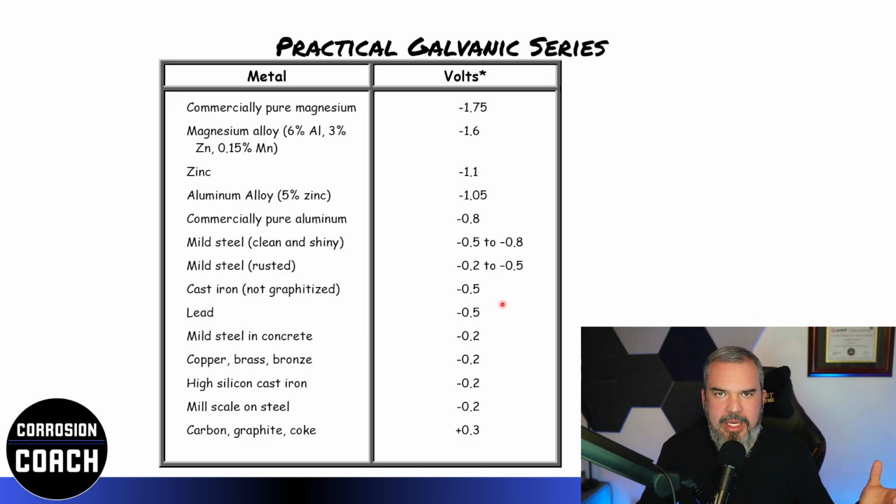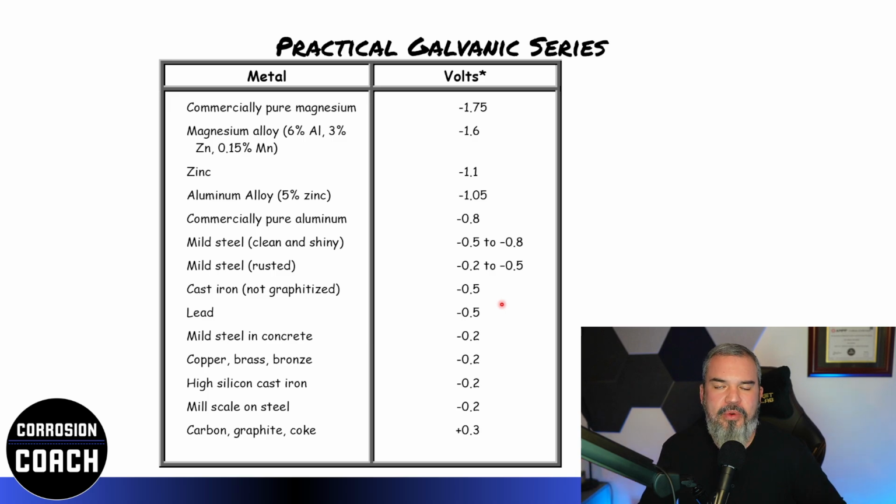Okay, what does that mean? Well, the more active metals, when you couple them with more noble metals, low energy metals, corrosion will happen, and it'll always, always, always happen at the most active metal that it's connected to.